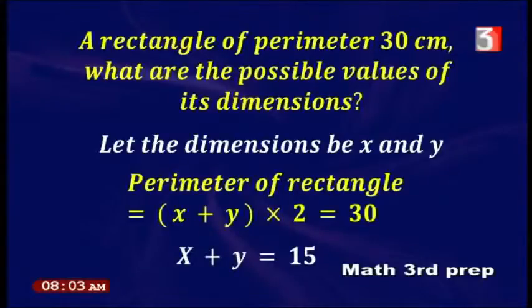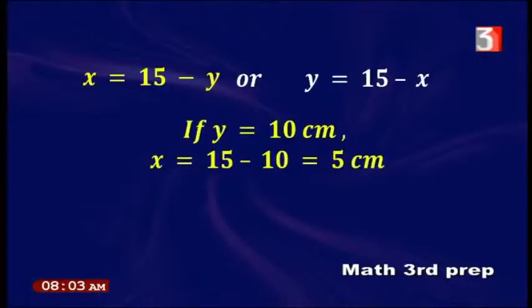In this case, we can find either x or y. How? If we find x, then x equals 15 minus y. And if we find y, then y equals 15 minus x. Then, what about the dimensions? If y equals 10, then x is 15 minus 10 to obtain a result of 5 centimeters.